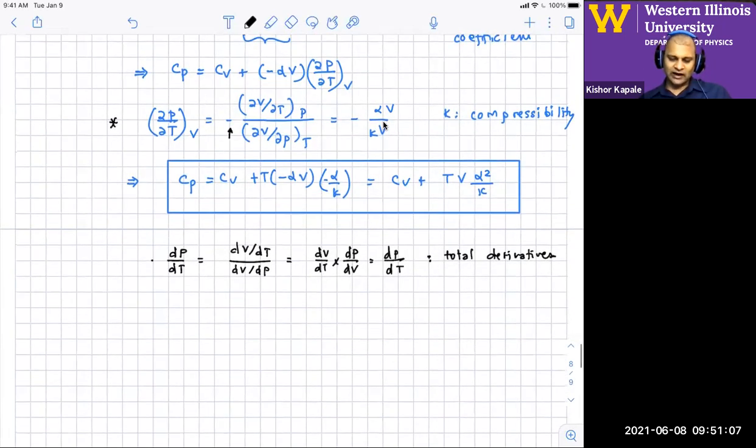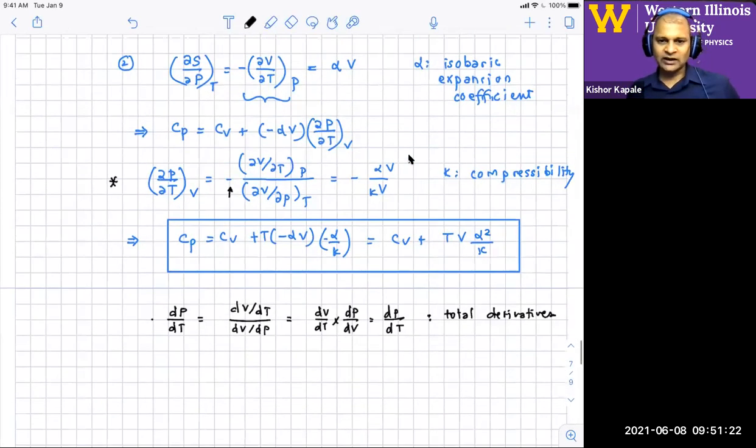Okay, and so once we do that, we get Cp equal to Cv plus the temperature, the volume, and then the alpha squared over kappa. And alpha squared over kappa, you can read them off of tables because people have done experiments on any given species, and then they know the isobaric expansion coefficient or the compressibility. Compressibility is how does the system respond to pressure, right?